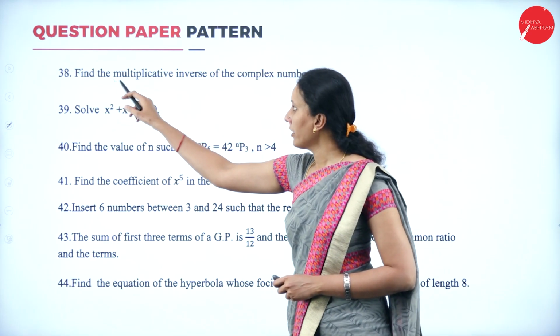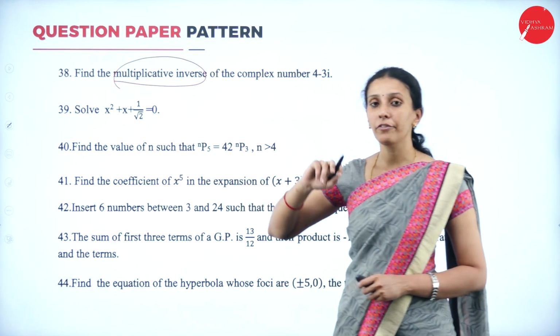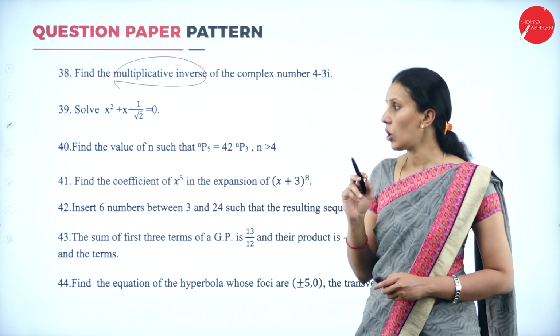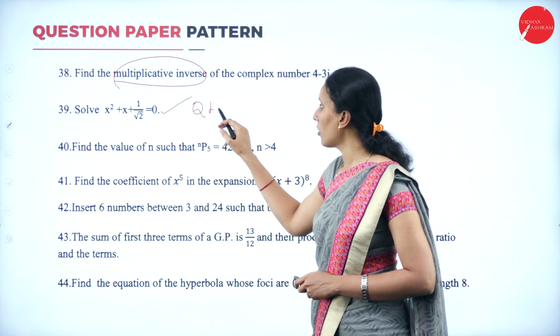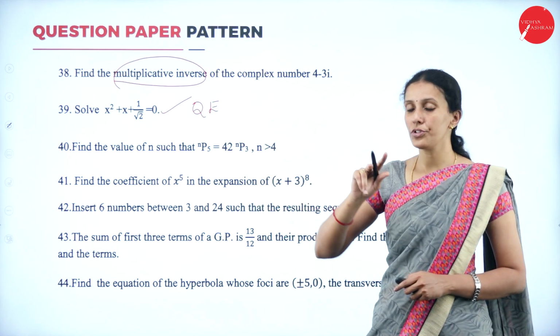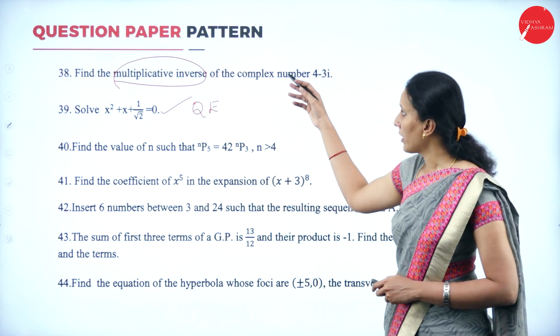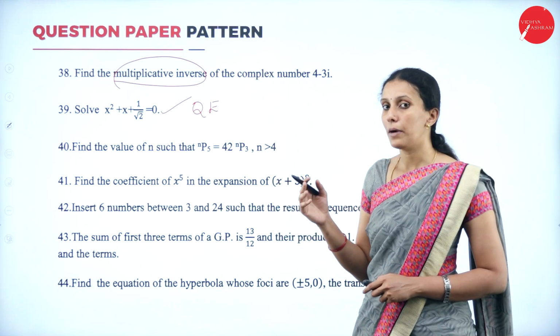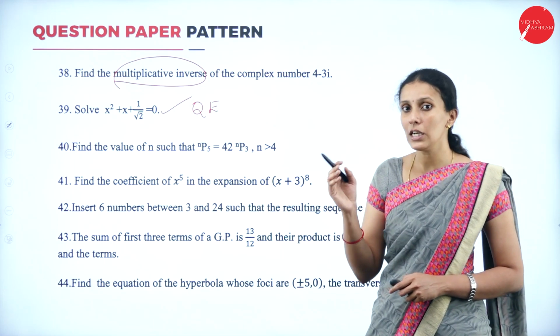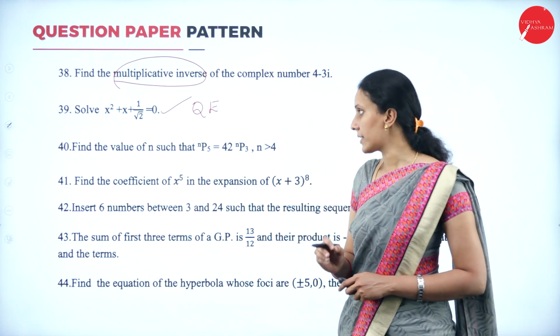Next you will have to find the multiplicative inverse in the chapter complex numbers, and one on quadratic equations under complex numbers. So you will have 2 questions from the chapter complex numbers. One is a quadratic equation and the other is to find the multiplicative inverse or other simple algebra of complex numbers.